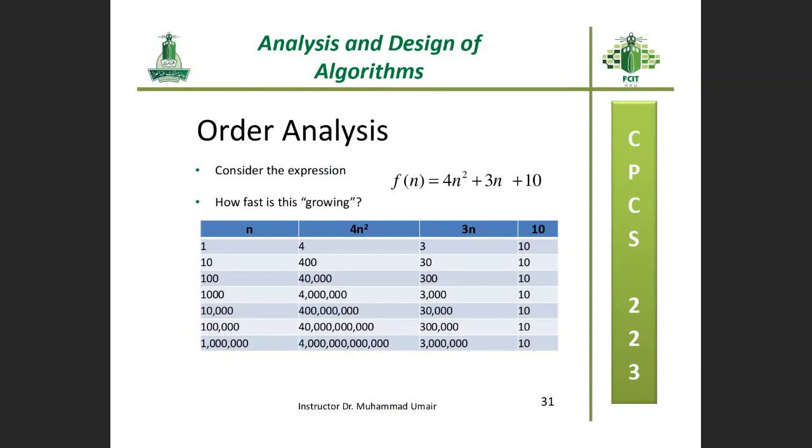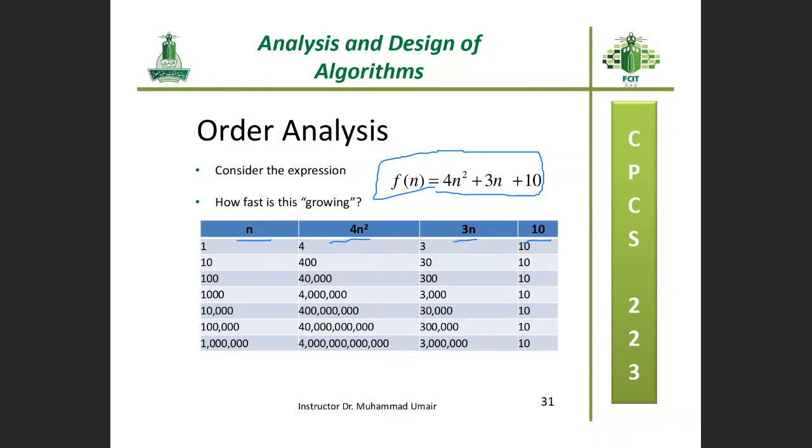And this is the same example which we discussed in detail in 204, that for example, if the function derived is f of n equal to 4n square plus 3n plus 10, you can see the difference between the function value and the factors which are included in calculating the total value of f of n.